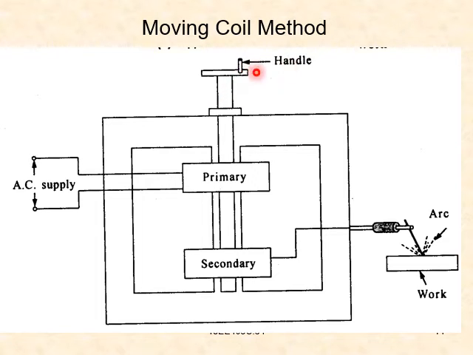See, there is a handle over here. There is a coil, moving coil type structure, and this is the primary and this is the secondary.